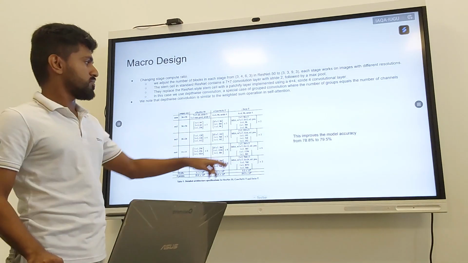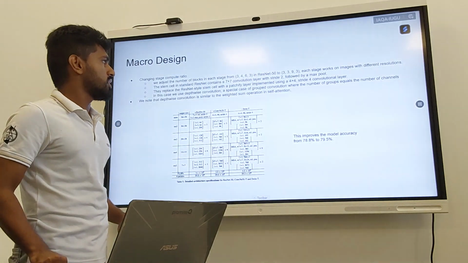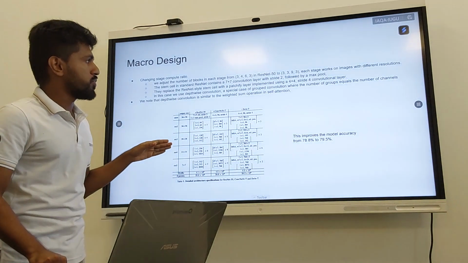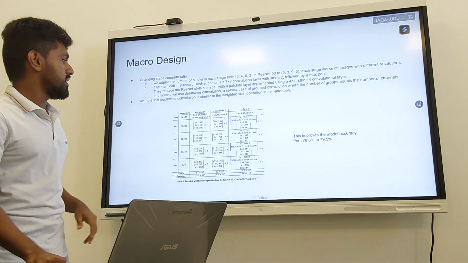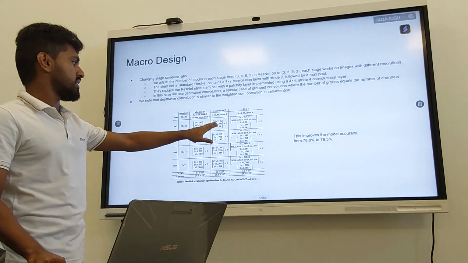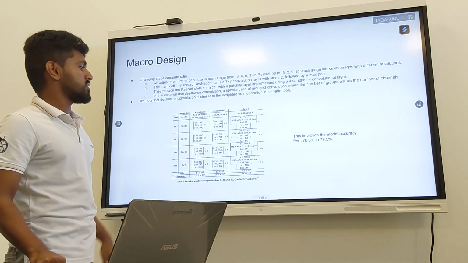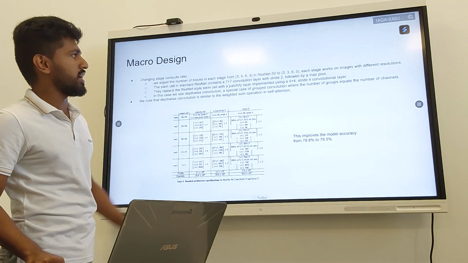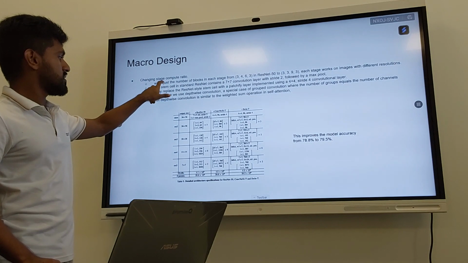In the Swin transformers the block counts are different, so they changed the block numbers to 3, 3, 9, 3. Different blocks work on different resolutions, so they improved the block count like that.